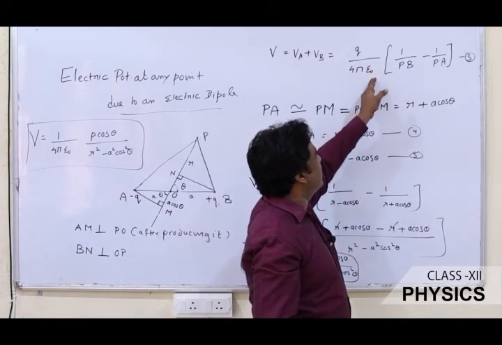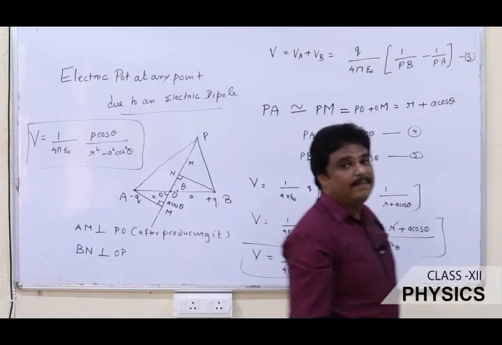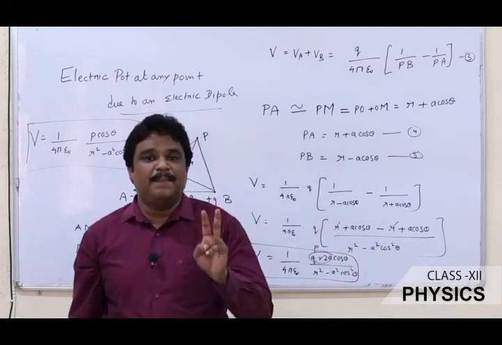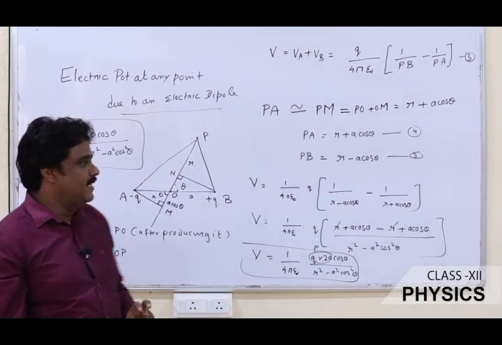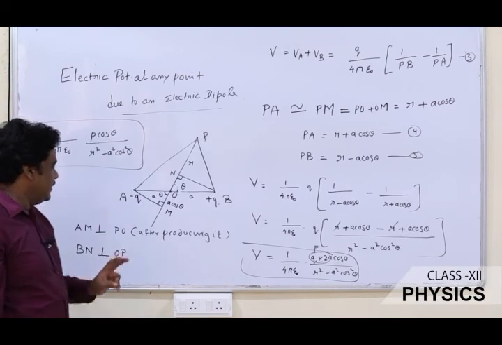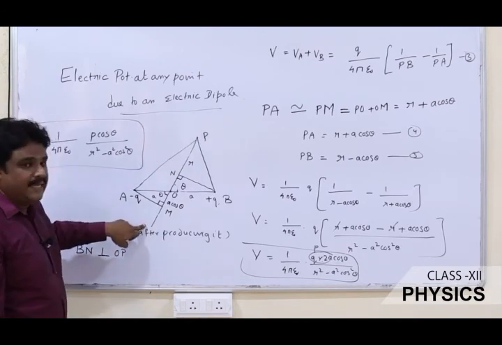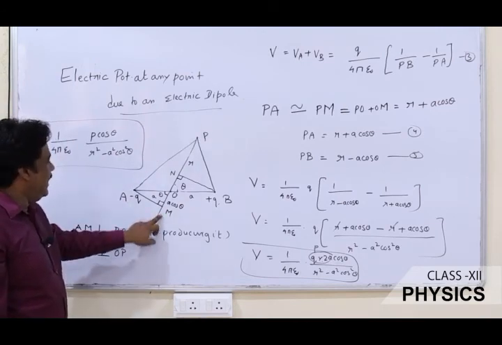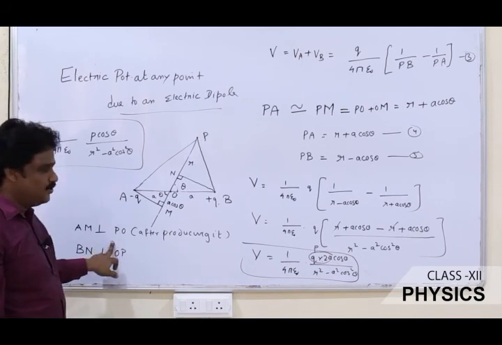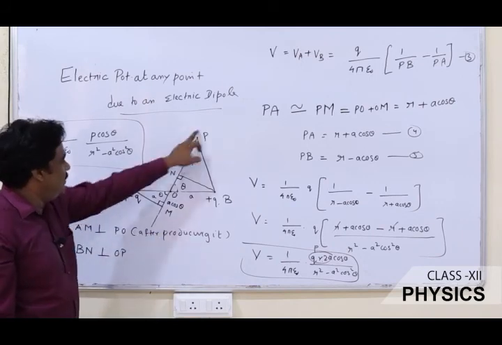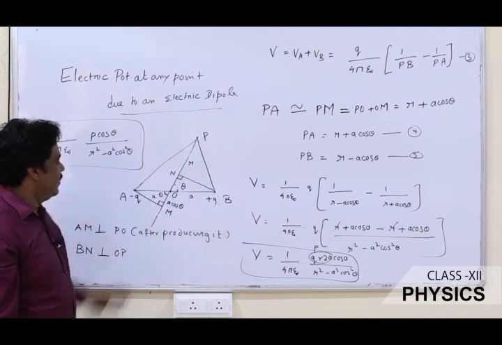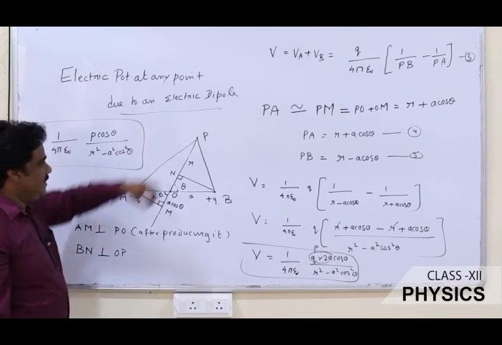By putting the values, I am getting Q by 4 pi epsilon naught into 1 by PB minus 1 by PA. So the two unknowns are PB and PA that we obtained geometrically. For that we did two constructions. We produced PO and drew a perpendicular AM perpendicular to PO after producing it. Similarly, to get PB, we drew BN perpendicular to PO.